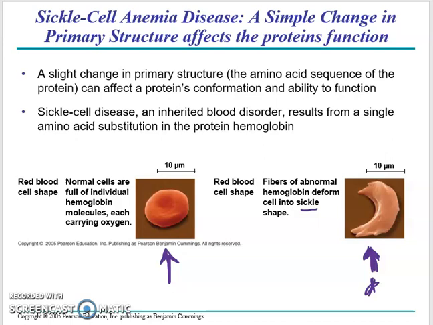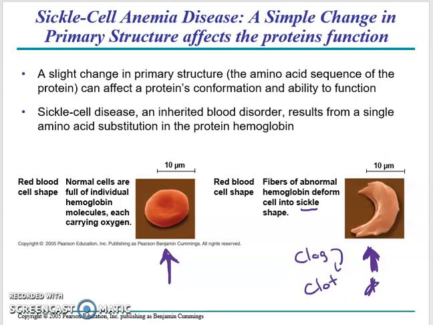Now, the problem with a crescent shape is the very, very tiniest blood vessels in your body cannot transport this shaped cell very efficiently. So what that's going to lead to is it's going to clog up the blood vessel, and that's going to lead to clotting, right?